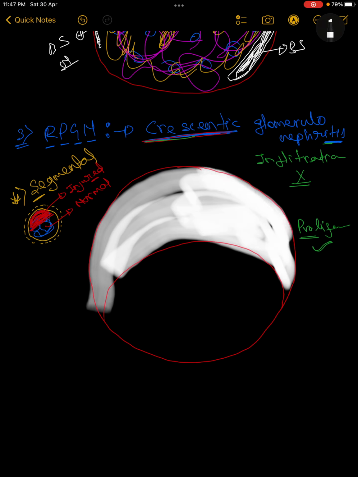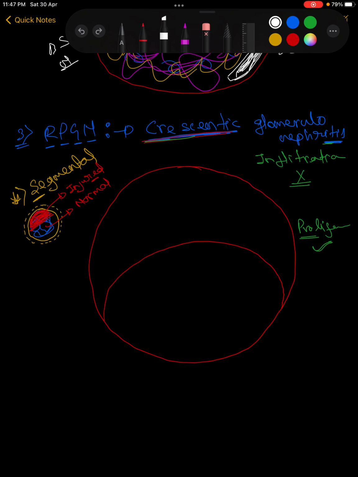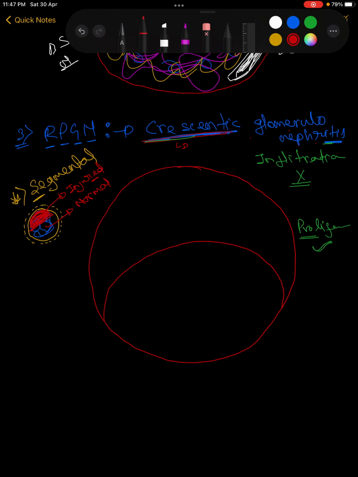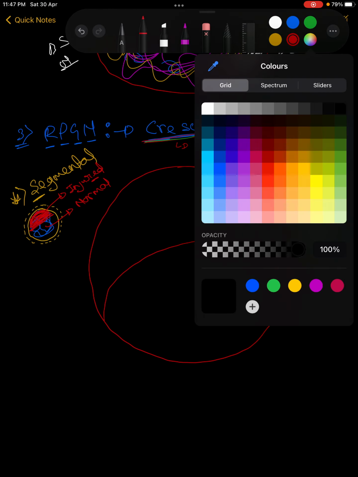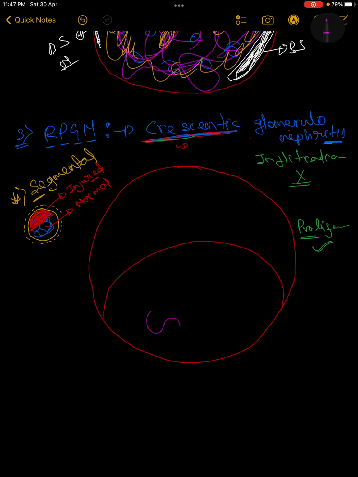Now when we say crescentic glomerulonephritis, translate it like this: the half moon like structure has nephritis. So the affected or injured part will be the half moon like structure. It means the opposite portion will be normal. Yeah, the opposite portion will be normal.